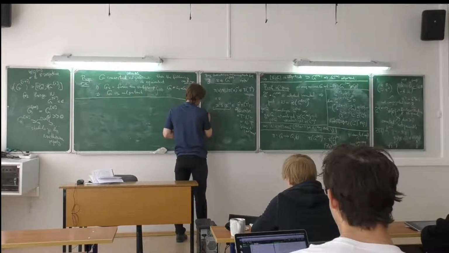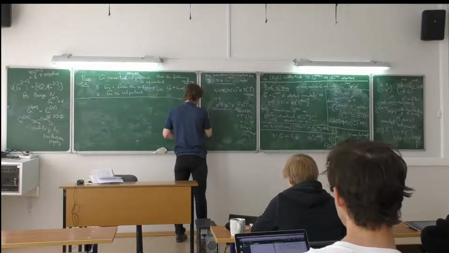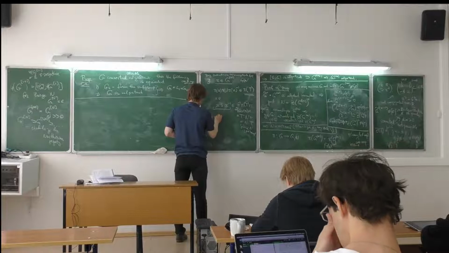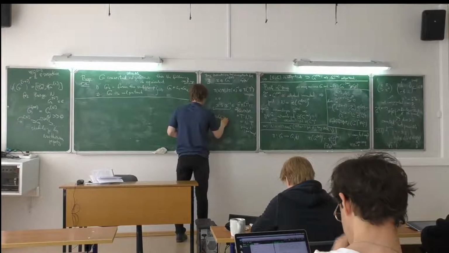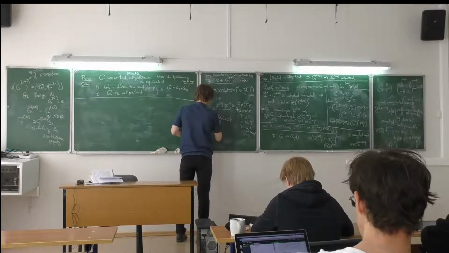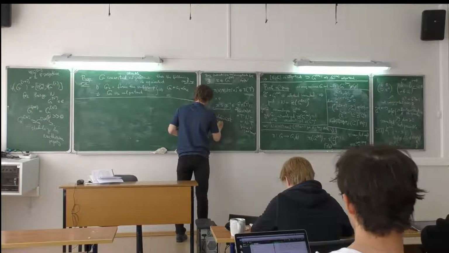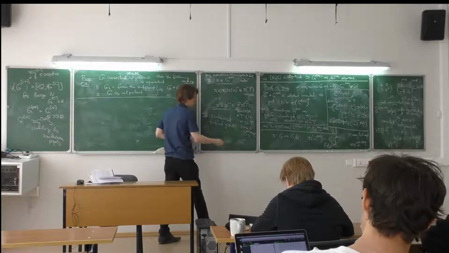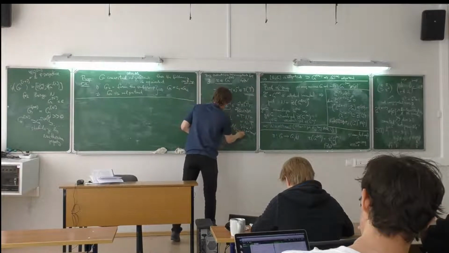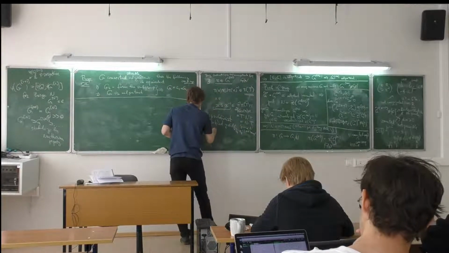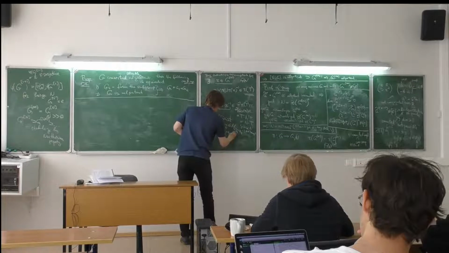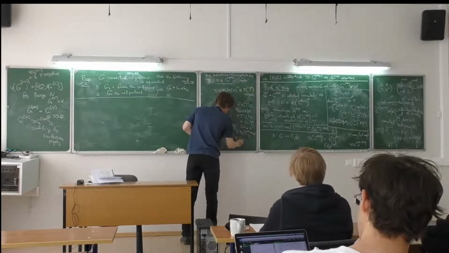So it is sufficient to find y that will sit in n, a subset of G infinity, such that X S X inverse is conjugated in G infinity.